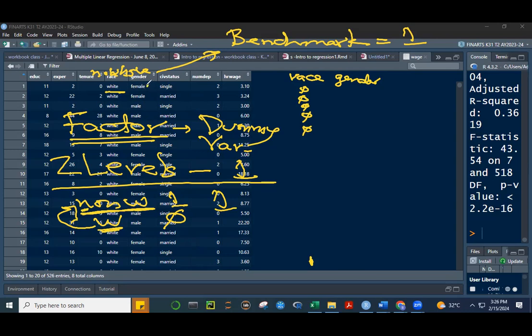This will have the value 1, 1, 0, 0, 0, 0, 0, 1, etc. Okay? So, practically, we replaced female and male with 1s and 0s. Now, since napalitan na siya ng quote-unquote numbers, pwede na siyang isama sa regression. Di ba? Kasi number na yan eh. Naging quantitative na siya. Okay?